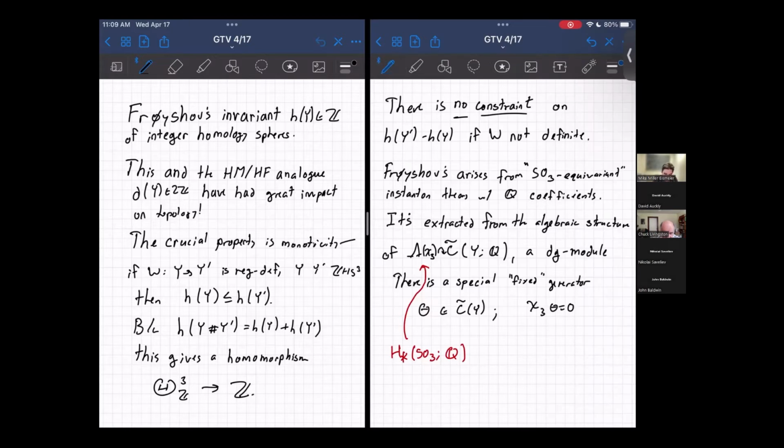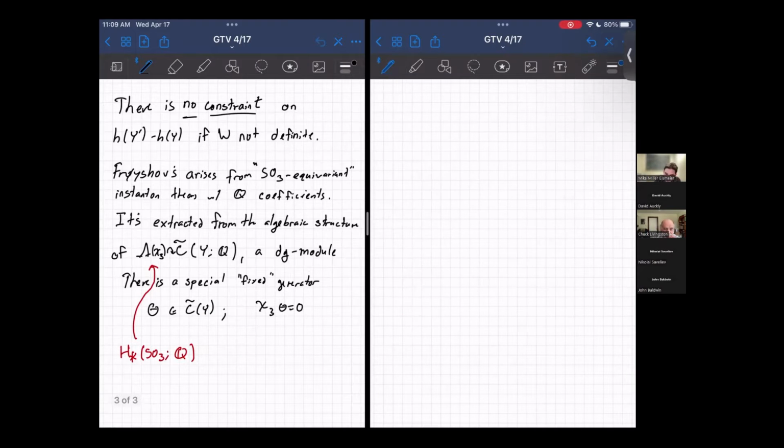And the basic observation here that points us towards another thing we can say is that if I look at the homology of SO(3) with F2 coefficients instead, this is still an algebra. SO(3) is a group, so I can use the product operation on that group to get a product on these homology groups. And this algebra is now an exterior algebra over two generators, one in degree 1, one in degree 2.